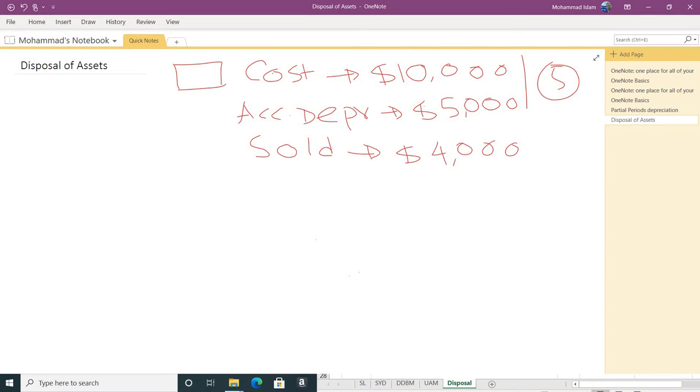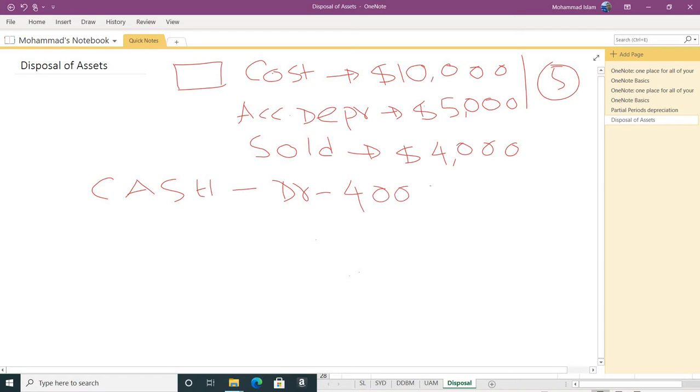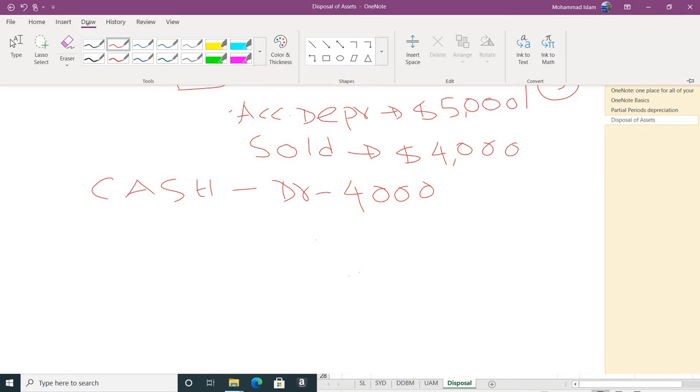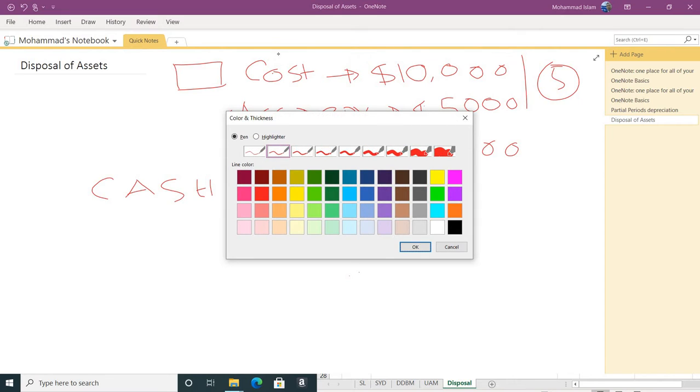So the first one, see what we are doing. We are receiving cash, so cash is debit. Cash debit, that is $4,000, and we have total accumulated depreciation.